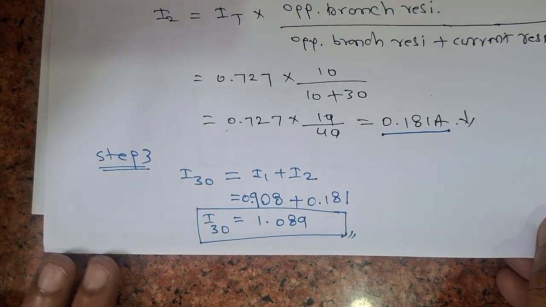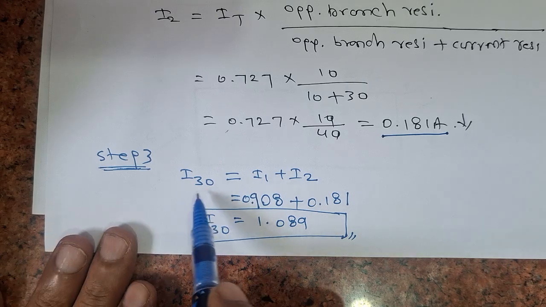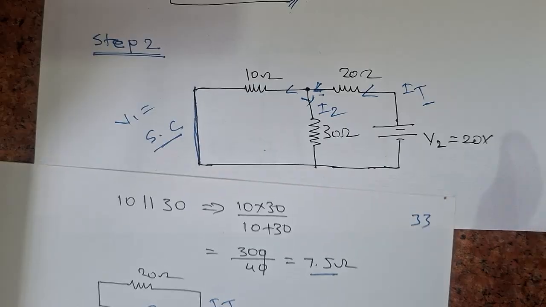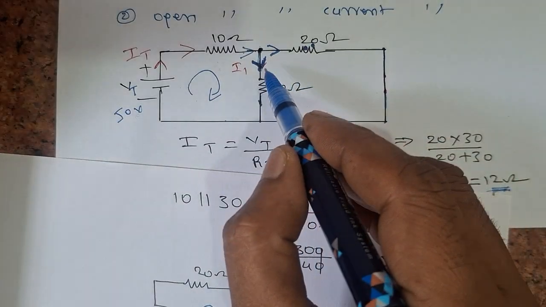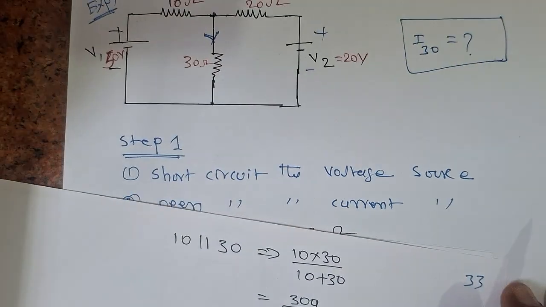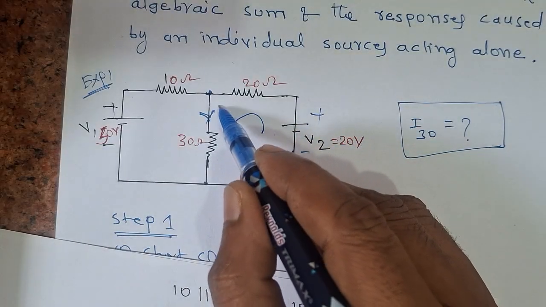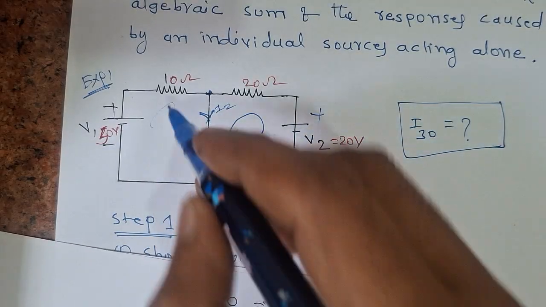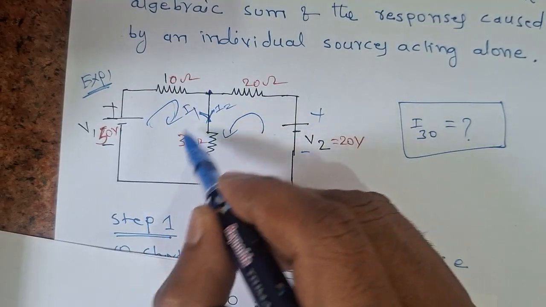After getting this I1 and I2, we have to apply the last step, step 3. I30 is nothing but the current flowing through the 30 ohm resistance. From this original circuit diagram, current I2 is coming and I1 is coming. So this is I1 plus I2.